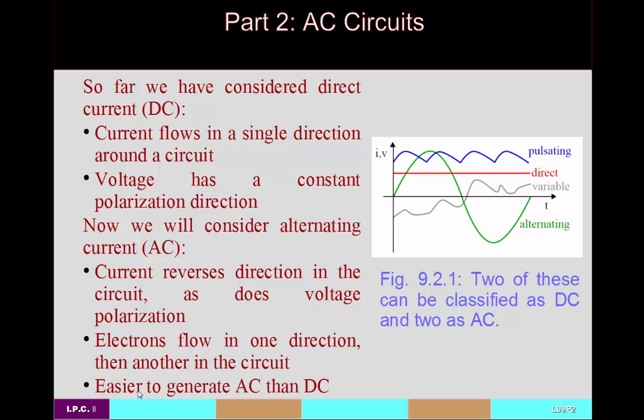And as was mentioned earlier, it's easier to generate AC than DC, because this signal requires one loop on your generator, and that loop is in contact with a pair of single ring commutators.